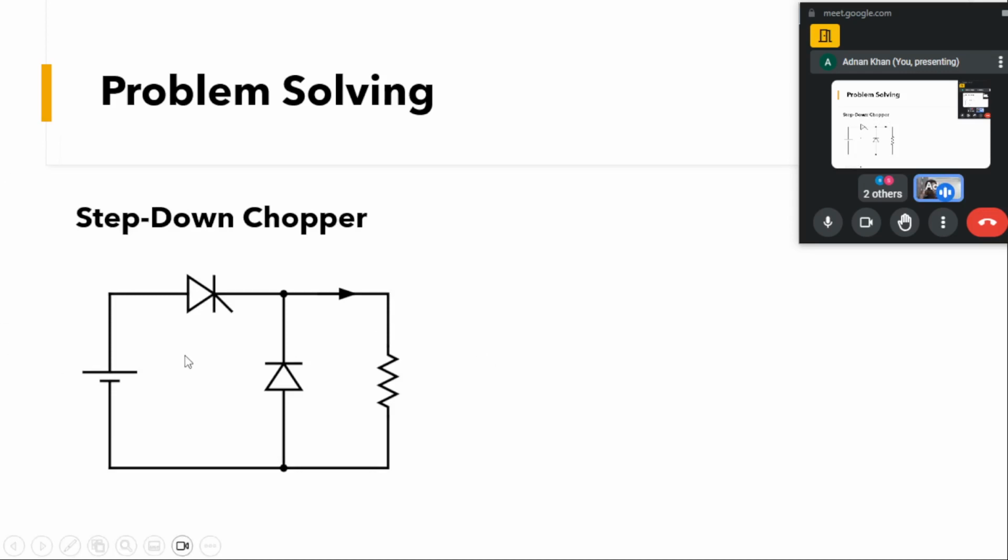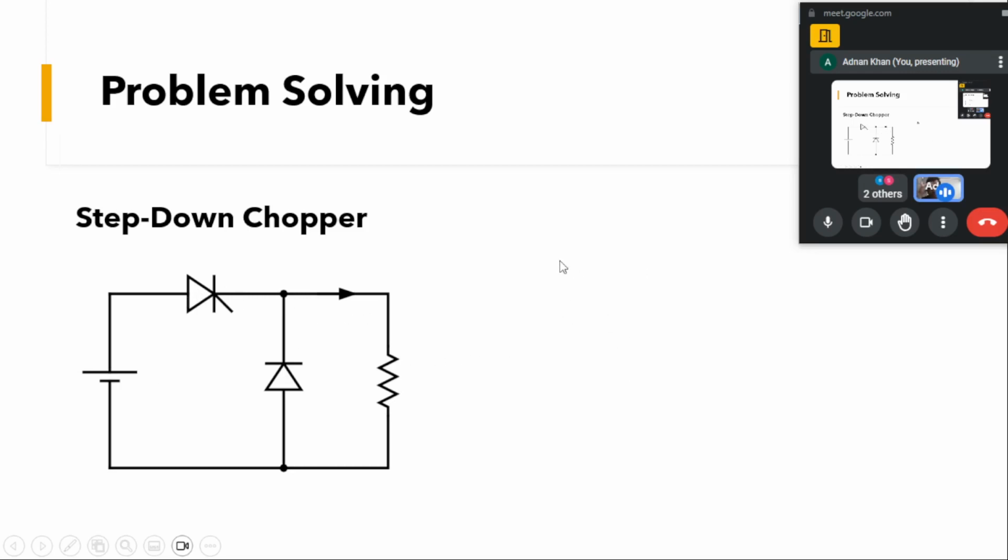This is a step down chopper. If you can see, this is a control device. When we turn on this device, this whole voltage is impressed across this. Since there is some drop, this voltage will be equal to input voltage minus this drop.